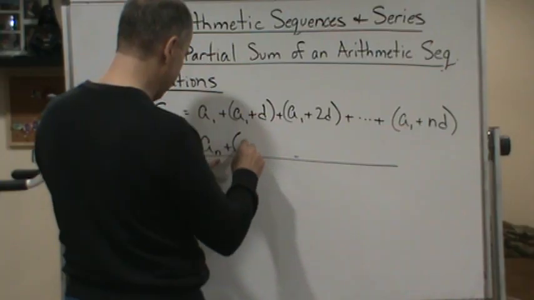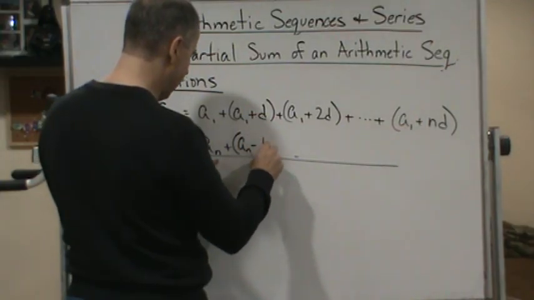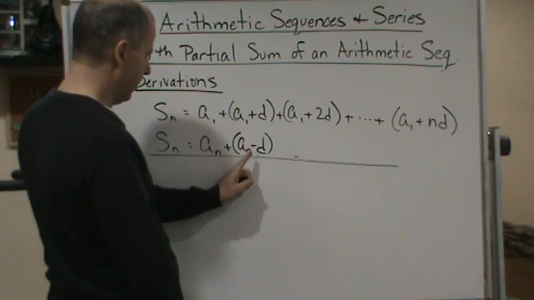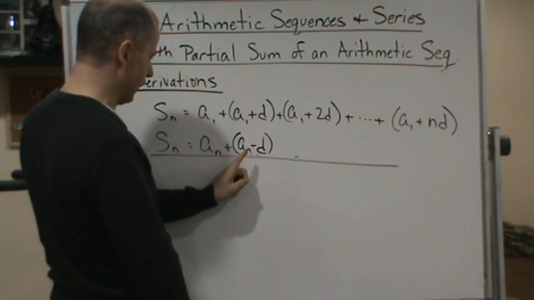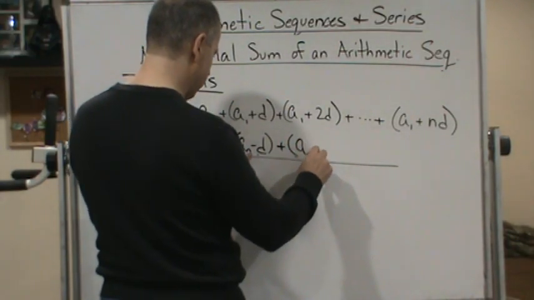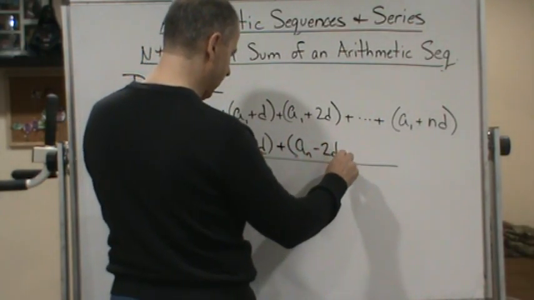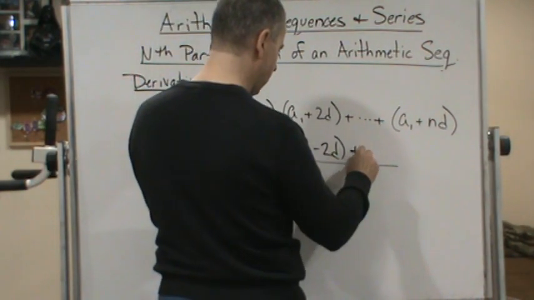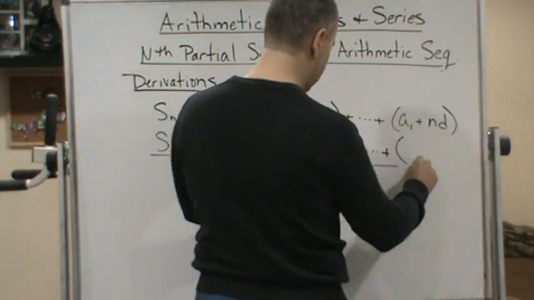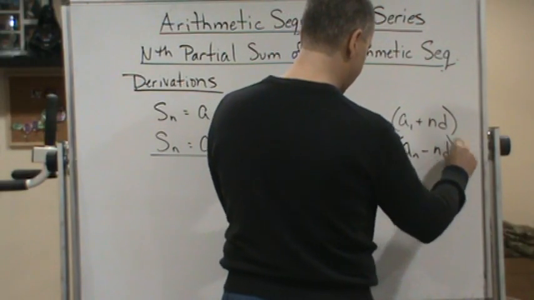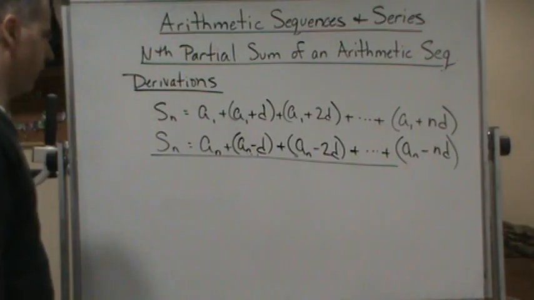So this will be a sub n minus d to get the next one, right? So I'll start with a sub n. I'll subtract the common difference to get to the next one, plus a sub n minus 2d to get to the next one, all the way to a sub n minus n times d to get to the first one.